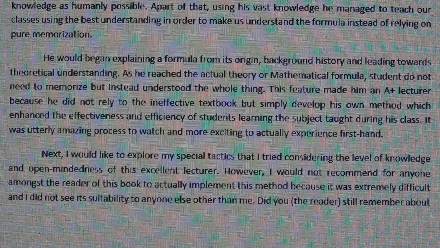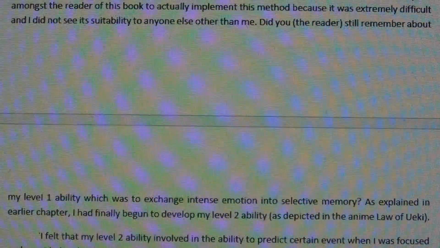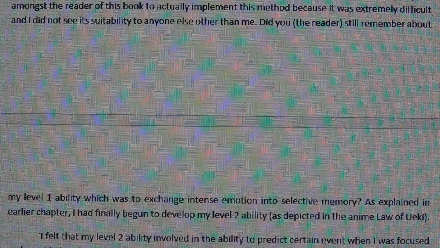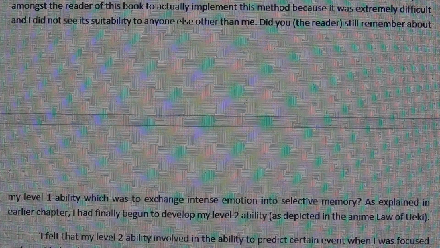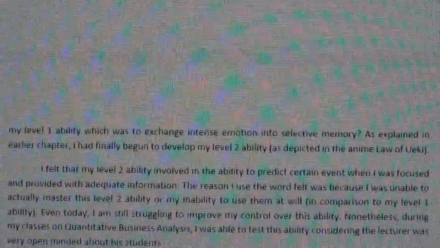Did you, the reader, still remember my level 1 ability, which was to exchange intense emotion into selective memory? As explained in an earlier chapter, I had finally begun to develop my level 2 ability as depicted in the anime Law of Yueki.